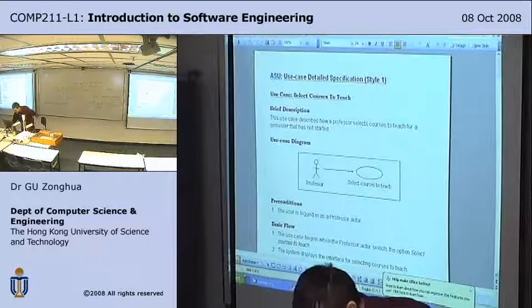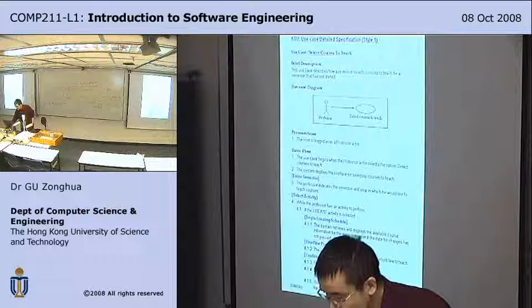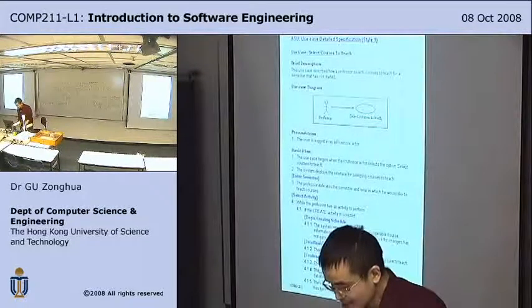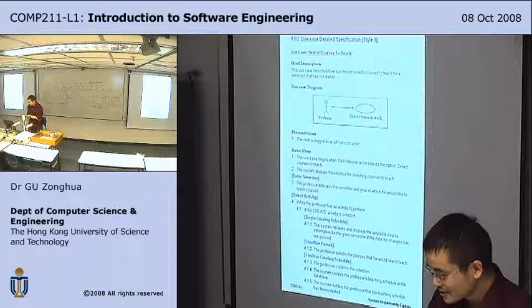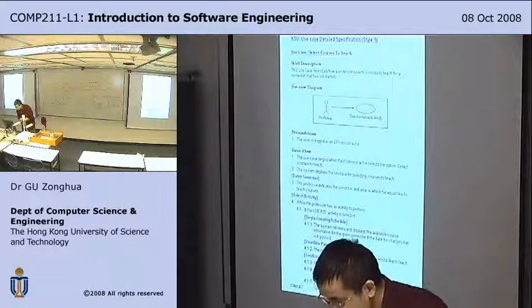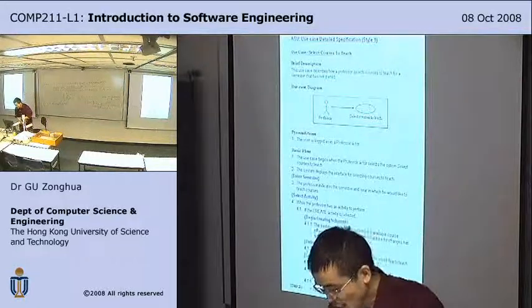So time for some examples. So here's the use case. Here's the detailed specification of the flow of events for the professors select courses to teach. I think it's a little hard to read.